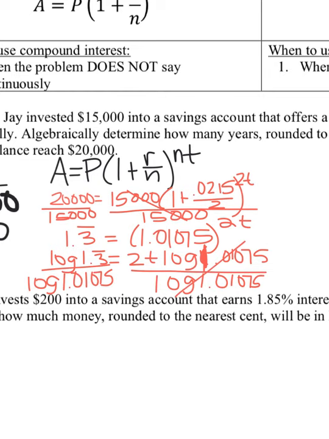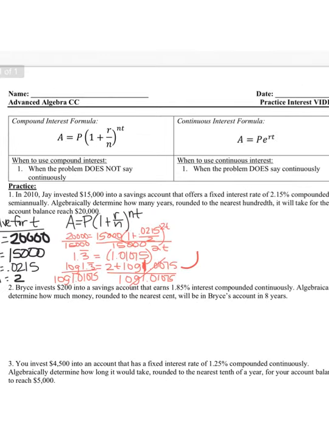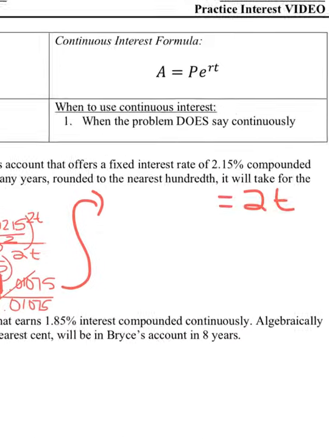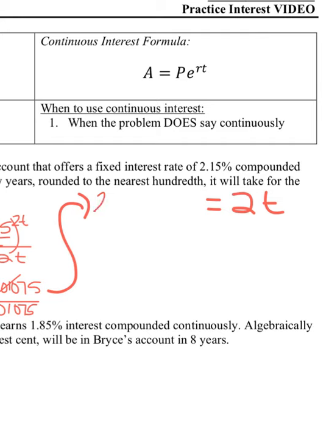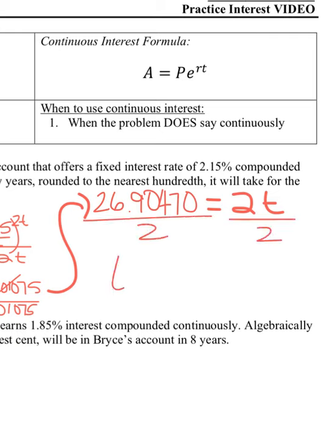On the right side, the logs cancel out, so you get 2t. On the left side, that number I just mentioned, 26.90470, five decimals, you have to write. And then lastly, divide by 2 to get t by itself.